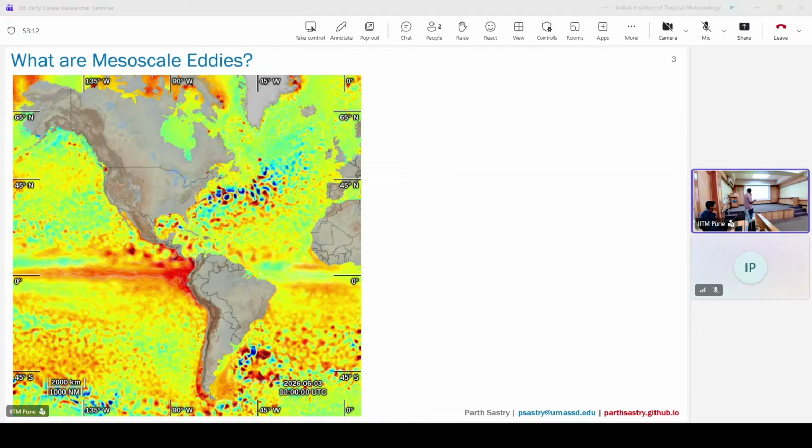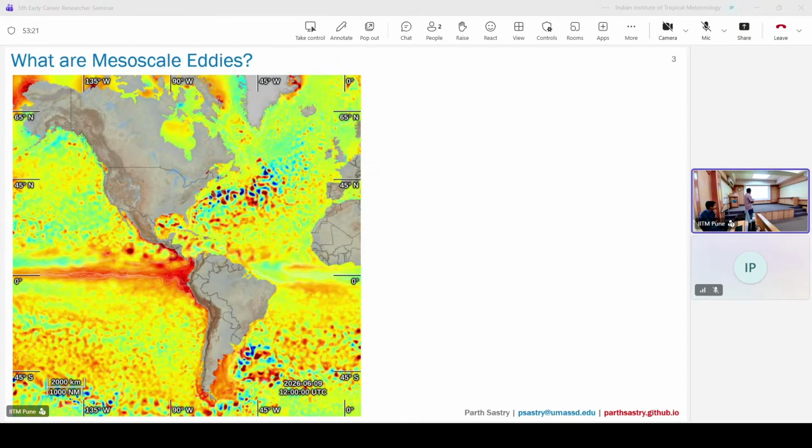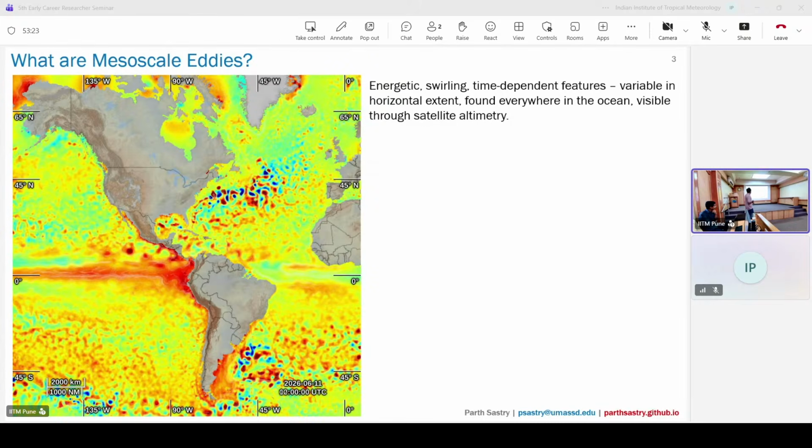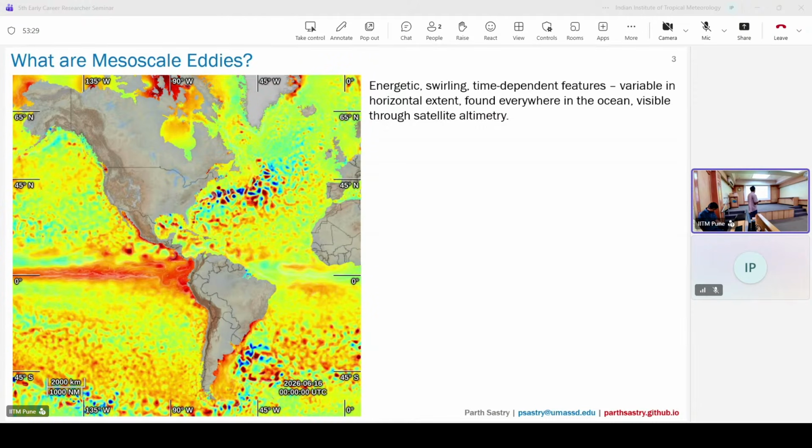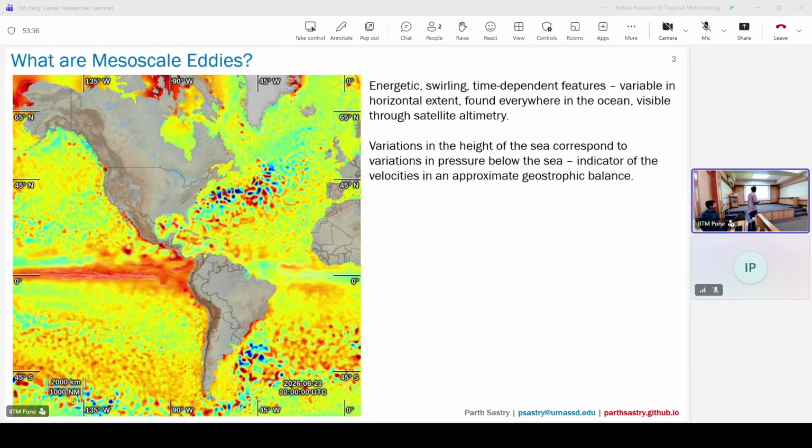Blues are anticyclonic depressions, and reds are cyclonic lifting up of the sea surface. And these are what we typically call mesoscale eddies. These are energetic swirling features. They're present throughout the global ocean, and they're very visible through satellite altimetry, which is one of the ways that our understanding of the ocean has drastically increased in the last few decades.